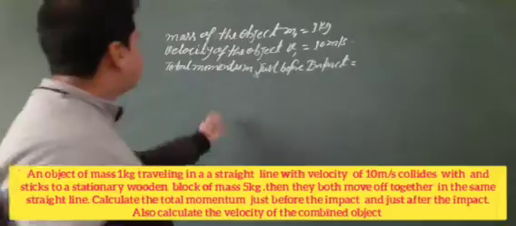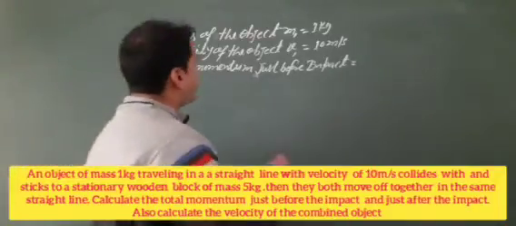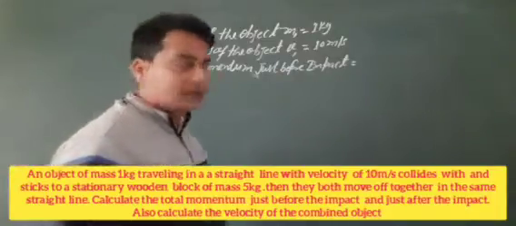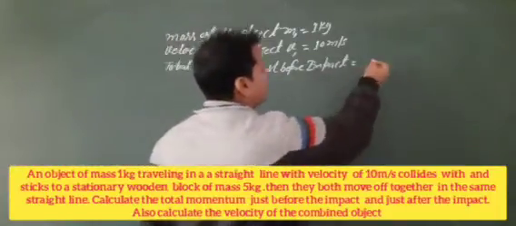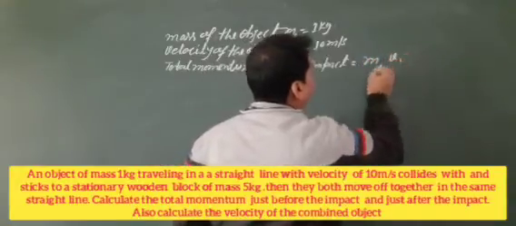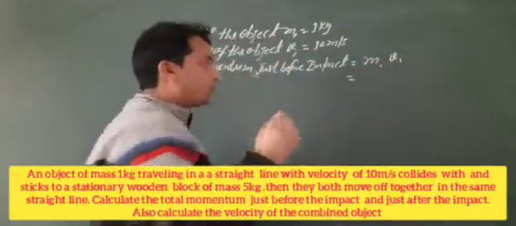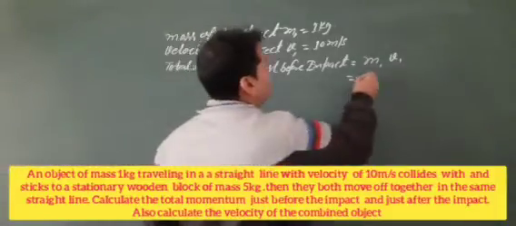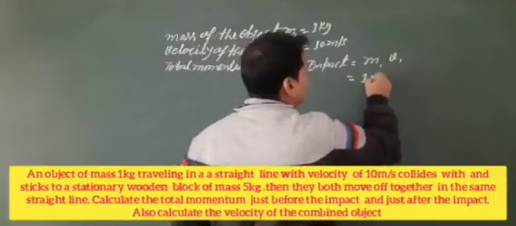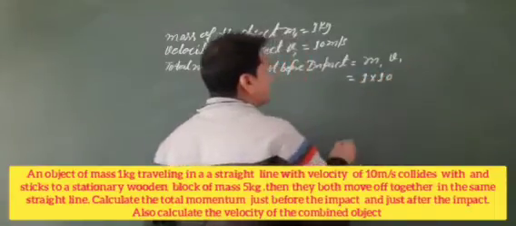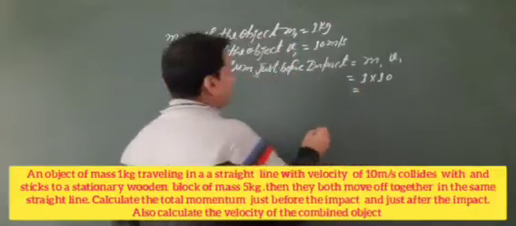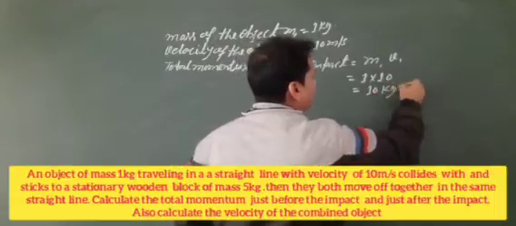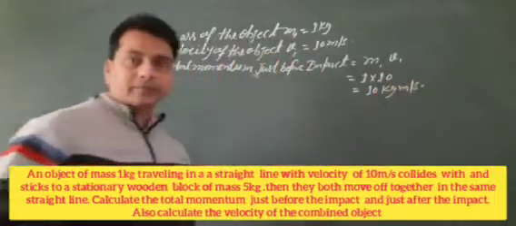So the total momentum just before impact is mass times velocity. Mass is given here as 1 and velocity is 10 meter per second. So m1 into v1, the product of mass and velocity, is known as the momentum. So 1 into 10, that is the total momentum, 10 kilogram meter per second.